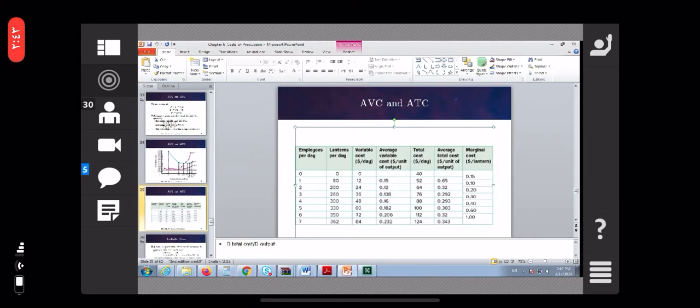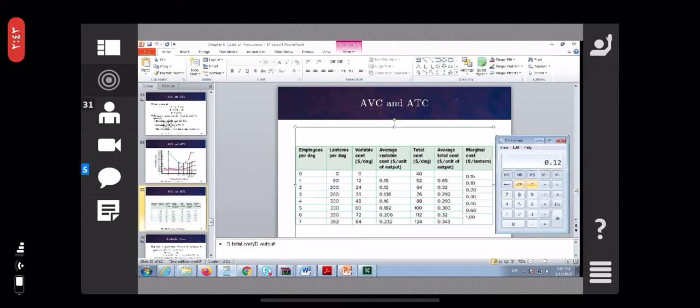The total cost is the variable cost plus the fixed cost. The fixed cost is given. كم قالوا لنا the fixed cost? Do you remember? They said 40. Yes, thank you.